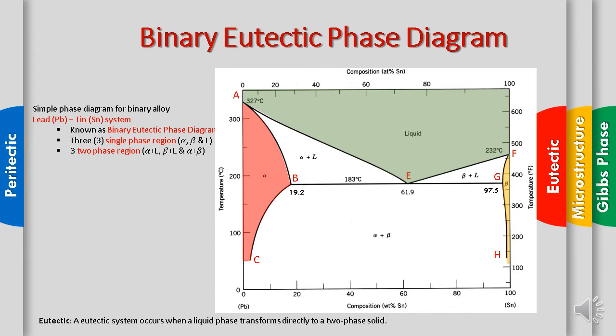And also there are two-phase regions. We have alpha plus liquid in this area, and beta plus liquid in this area, and another one below, here, we have alpha plus beta. So this is the binary eutectic phase diagram, consisting of these phases.